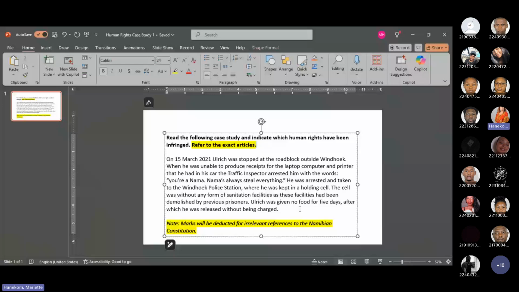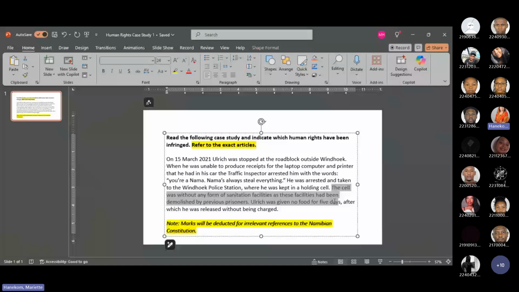There are all sorts of things that have been done wrong here. You have to point out what the police officer did wrong. Which of Ulrich's human rights were infringed? For example, the cell was without any form of sanitation facilities, and he wasn't given any food for 5 days.